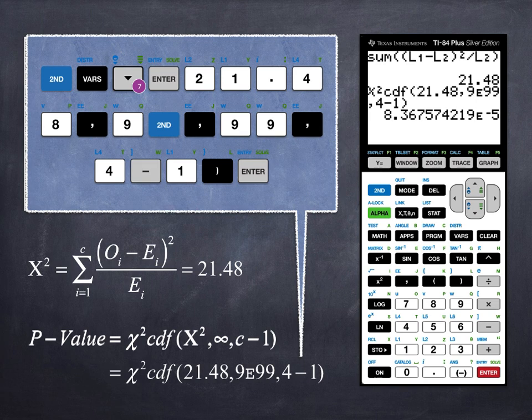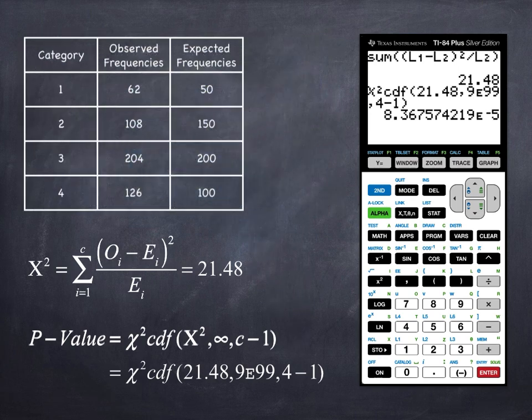In this example, it's 21.48, comma, and then the calculator approximation of infinity, which is 9, second comma, 99, then comma, the degrees of freedom, which are the number of categories minus 1. In this example, the number of categories was 4, so we'd type in 4 minus 1, and then close parenthesis, and then enter. And the resulting number we get is the p-value that we can use to make our conclusion in our chi-square goodness of fit test.